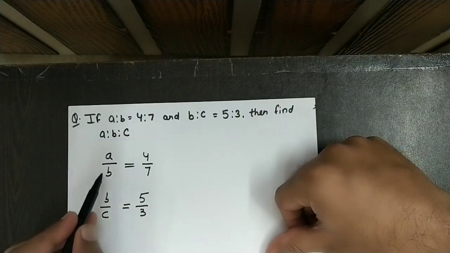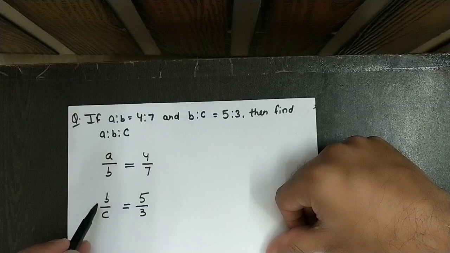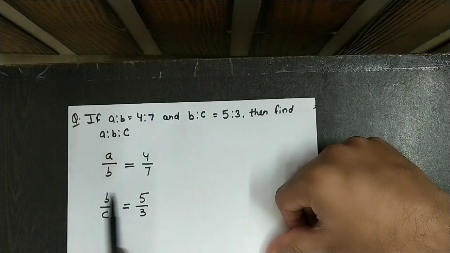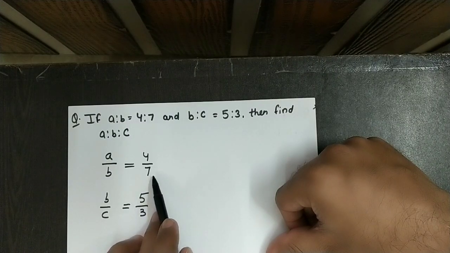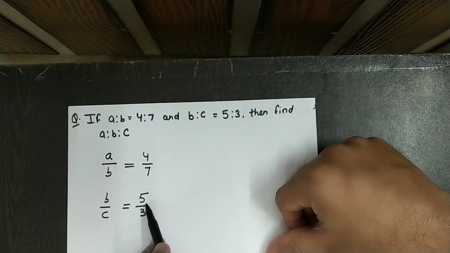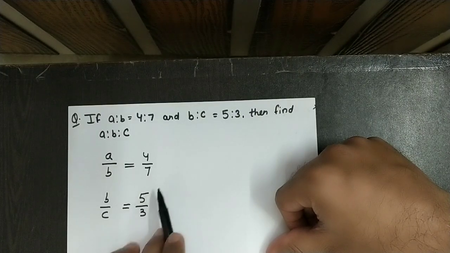Now, you can see we have B in the denominator and B in the numerator. What we have to do is make these equal in the ratios. Here the denominator is 7 and the numerator here is 5. So, we have to make them equal. How can we make them equal?